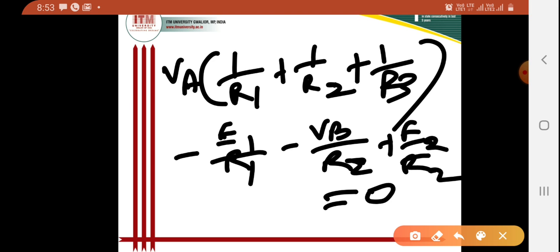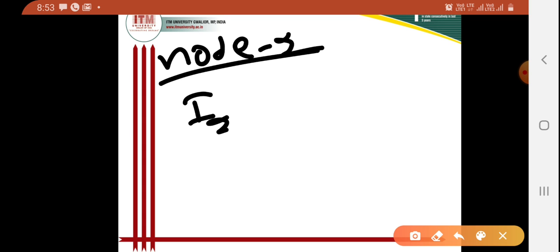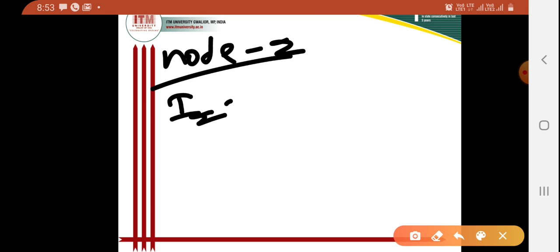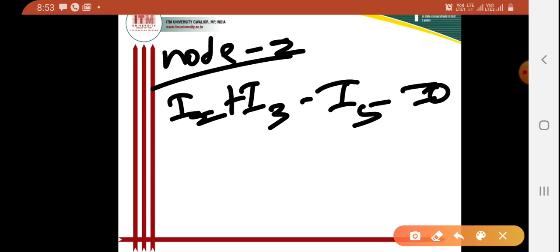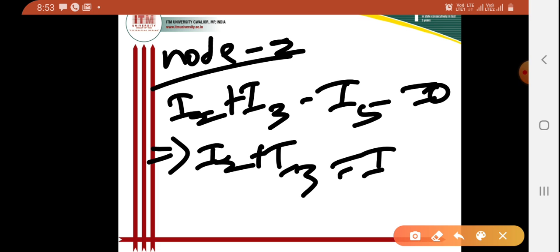So for node 2 now, by applying KCL, I can write I2 plus I3 minus I5 will be 0. So I2 plus I3 is equal to I5.